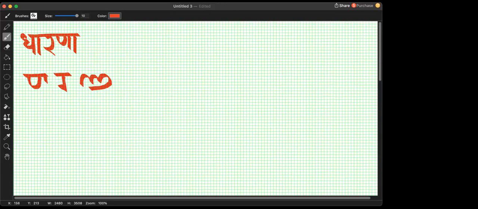No, because this is the word which is given in Devanagari. However it is there, I'm just replicating the same way. If you write r below dha, it becomes dra. It's not dhara. Dha and ra are two different alphabets, even in Devanagari.